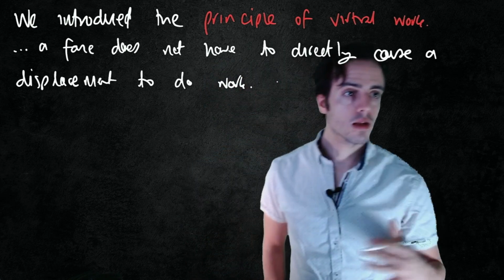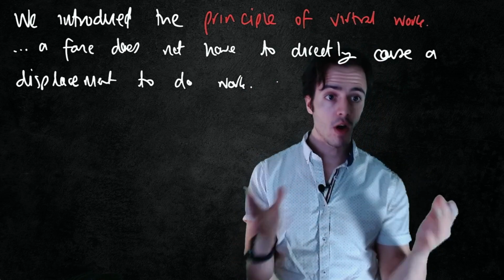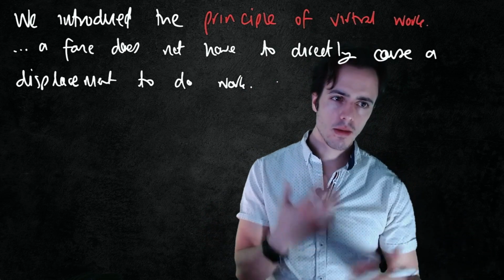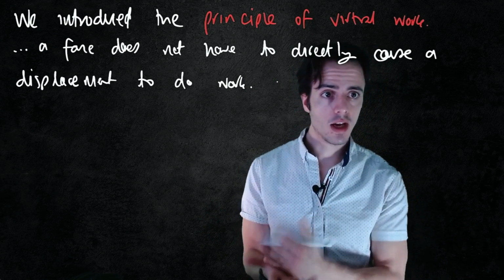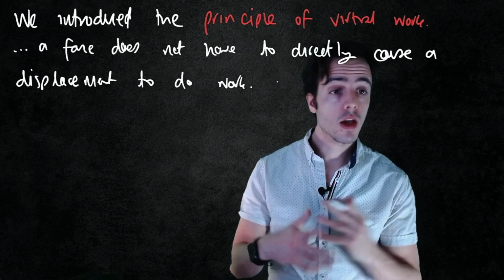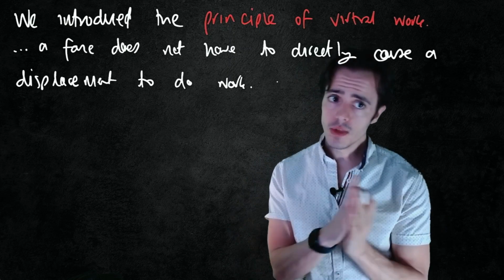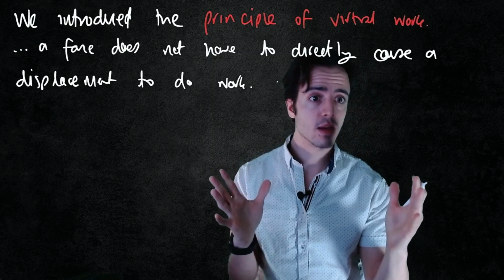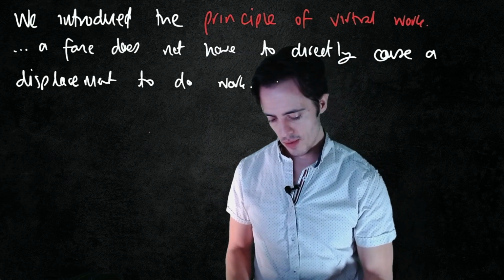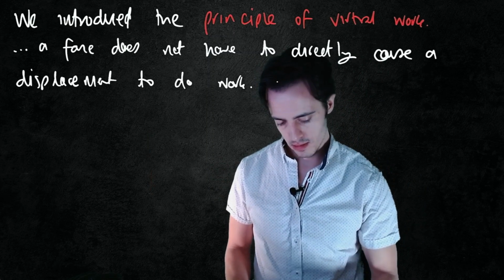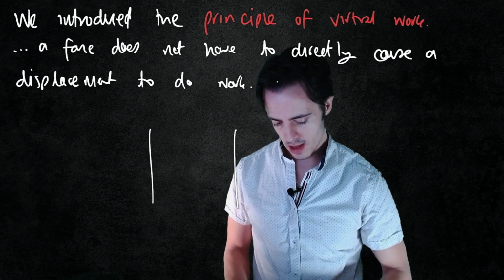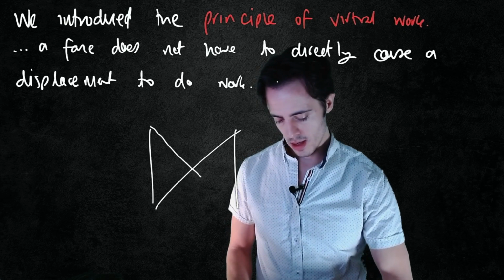And so what this means is that we can apply virtual forces to a structure. And I went into a bit of detail, and there's a lot of detail in the accompanying notes about virtual forces and the theory behind them. But the basic principle is that if we have a structure, let's draw a structure like this.